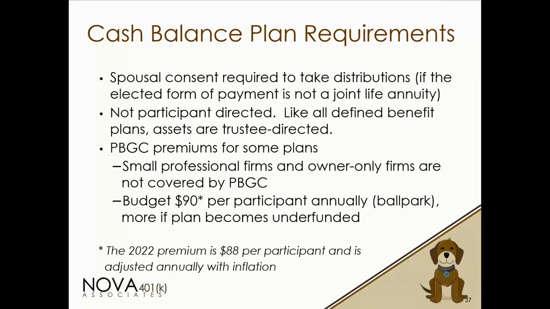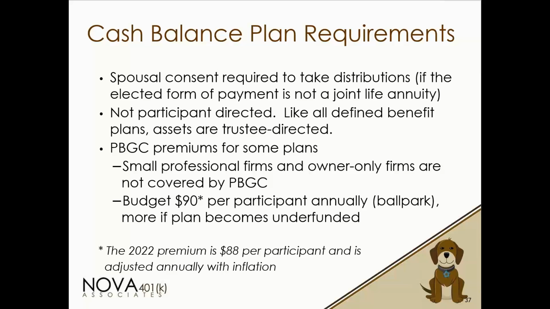Some plans, if you're not a small professional firm like a doctor's office or a law firm, or an owner only, so if it's just an owner or owner and spouse, if you're not one of those organizations, then you will be covered by the PBGC, which is a government insurance agency that insures defined benefit plans.